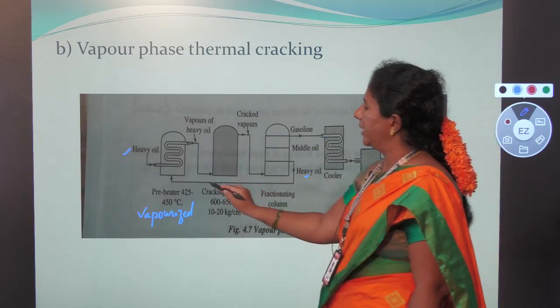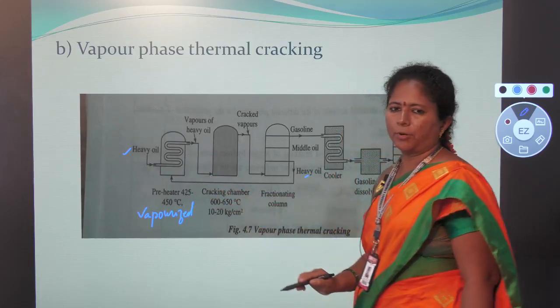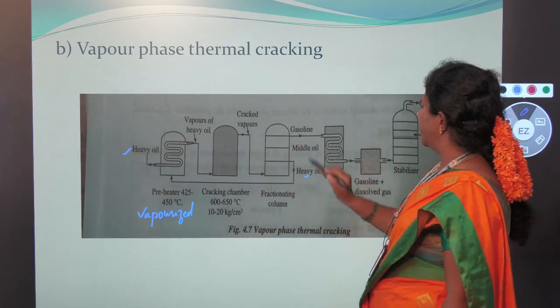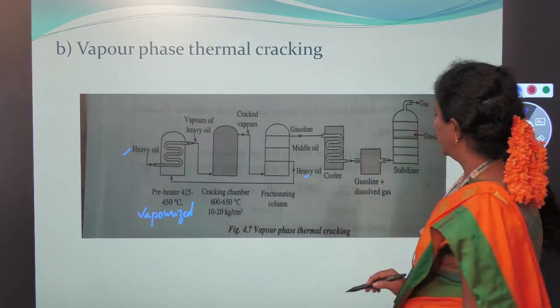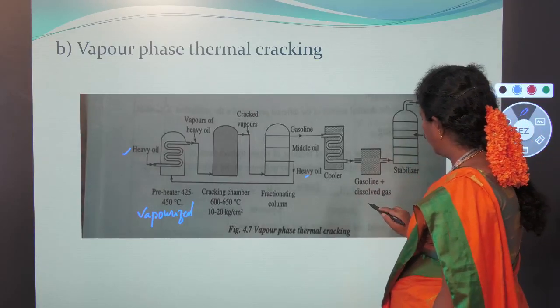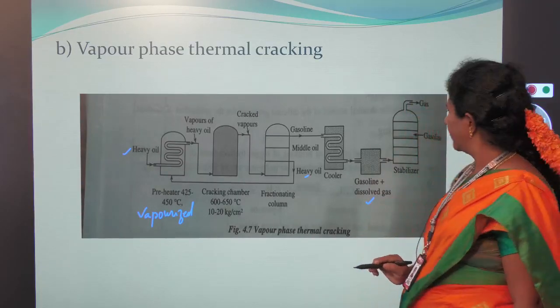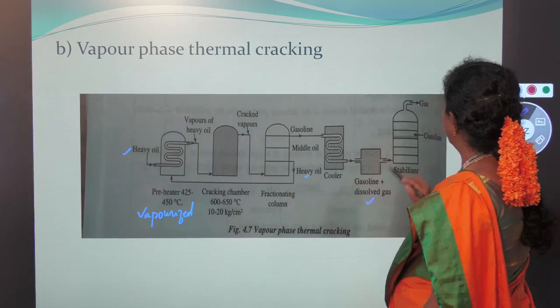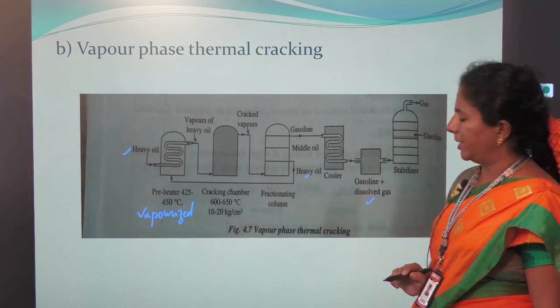The heavy oil is again subjected to cracking. The gasoline obtained here is cooled, after which we get gasoline and dissolved gas, and the gasoline is stabilized in a stabilizer.